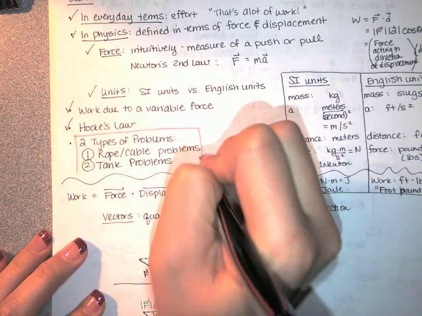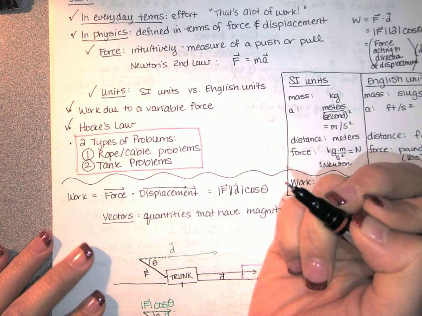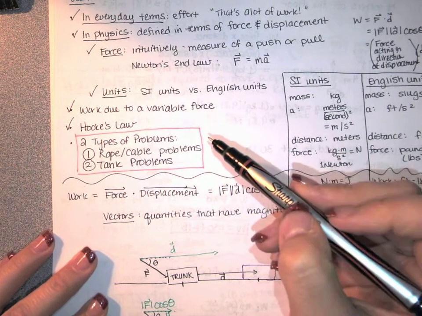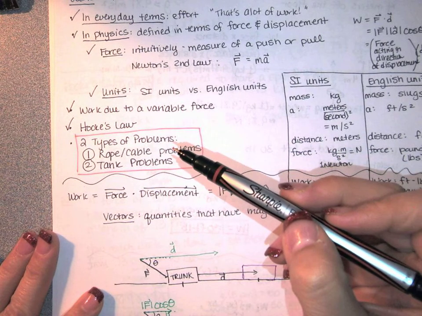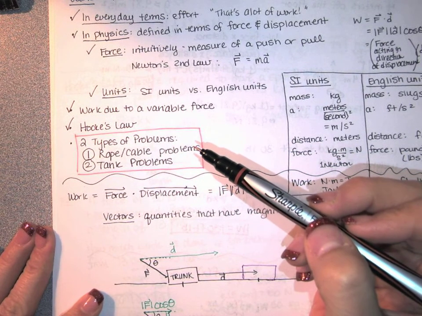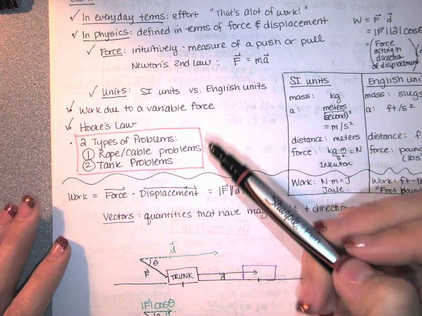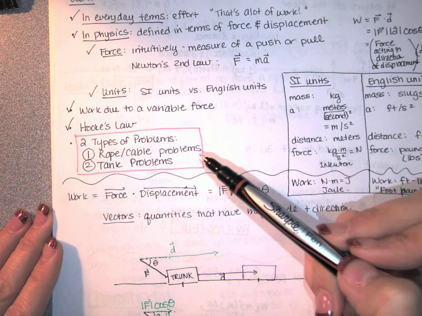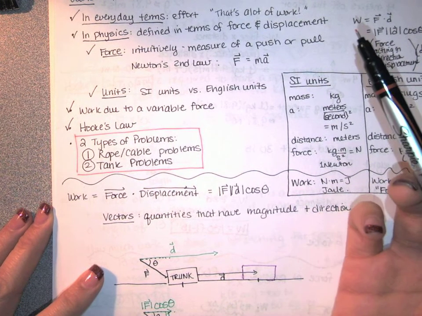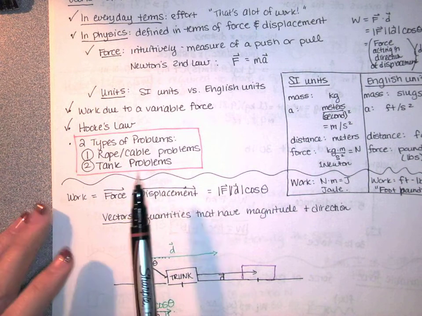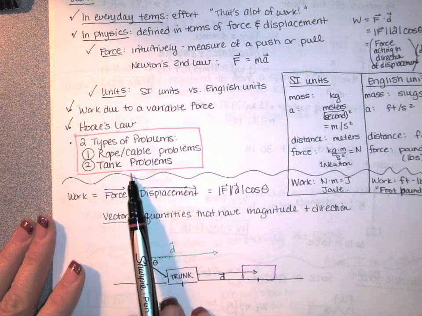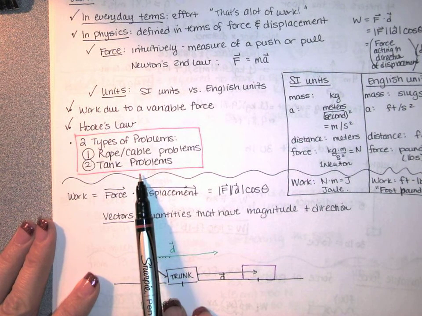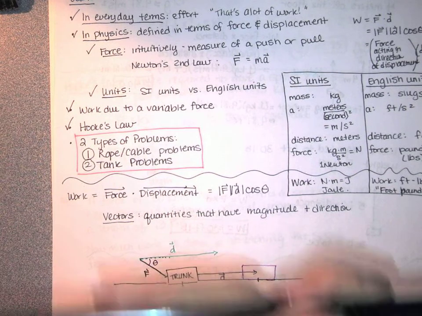So these are the types of problems that you're going to see on your tests and in your homework primarily over work. We're frequently going to take a rope or a cable. It may or may not have something at the bottom, and we're going to find out how much work is required to lift that rope or cable through a certain distance to a certain height. And we're also going to look at the work required to empty a tank. So I'll do that in the next couple of videos.